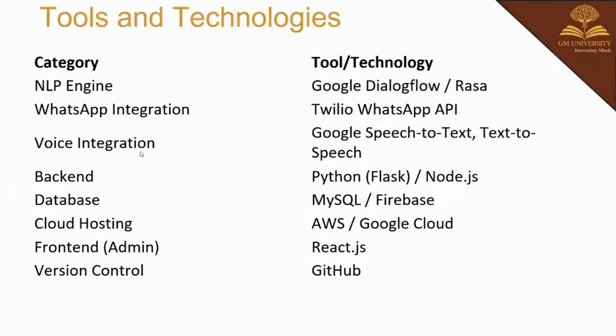Backend Python with Node.js. And the database we used is MySQL. And we did cloud hosting in Google Cloud. And the front end is done in React.js. And for version control, we use GitHub. Thank you, ma'am.